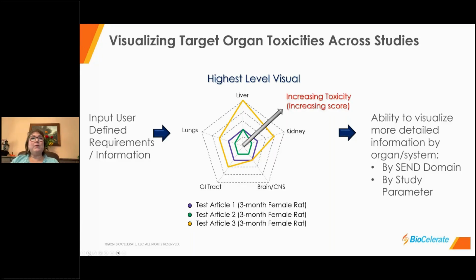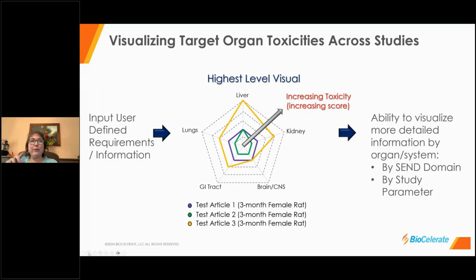And so basically, I just want to introduce you to what you're seeing here. So with these radar plots, you have the different organs of interest that you have selected. So in this hypothetical view, you're looking at liver, kidney, brain, GI tract, and lungs. You're looking at 3 hypothetical test articles. Let's say these are all 3-month female rat studies.